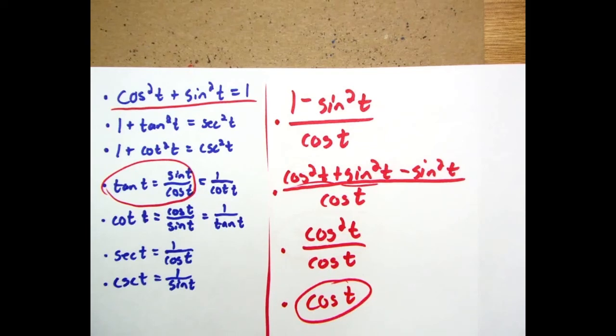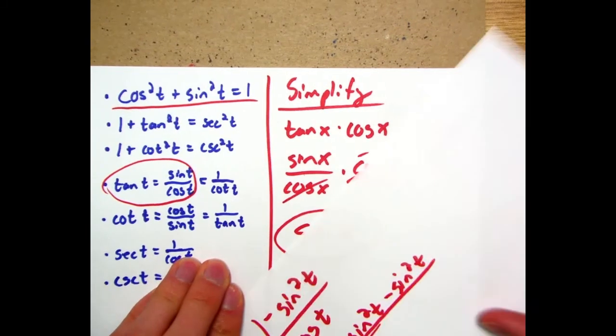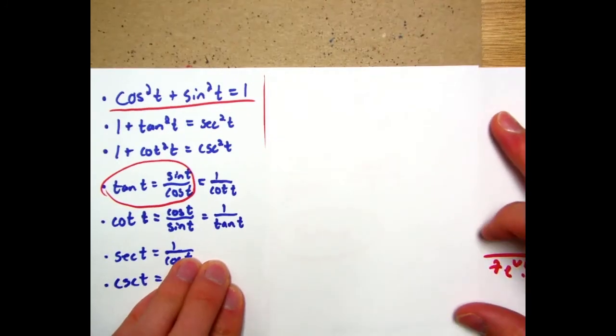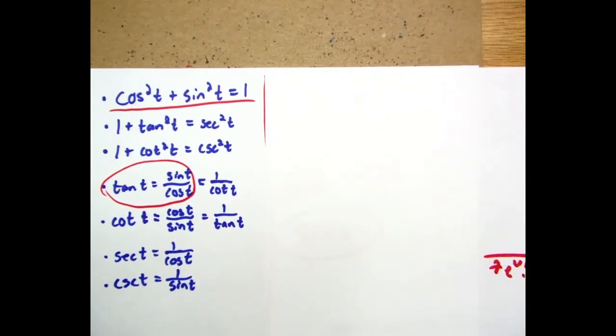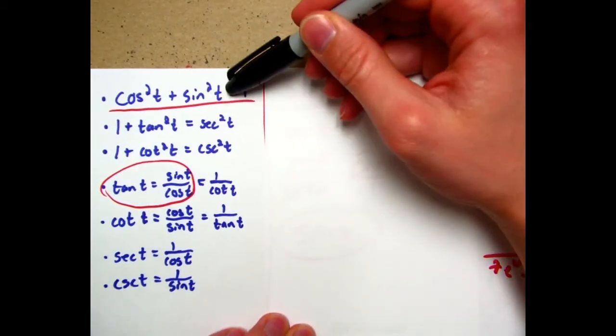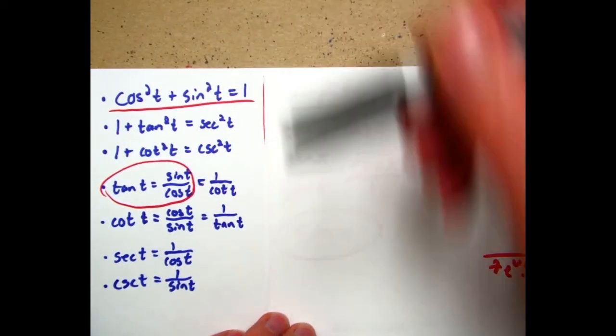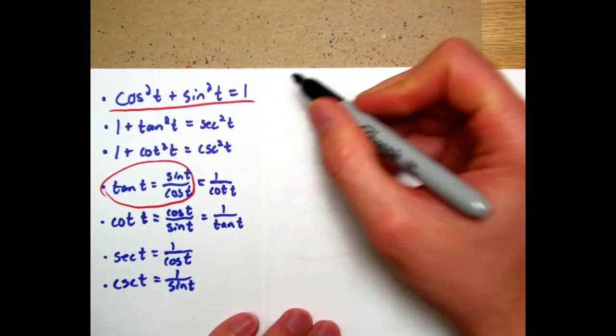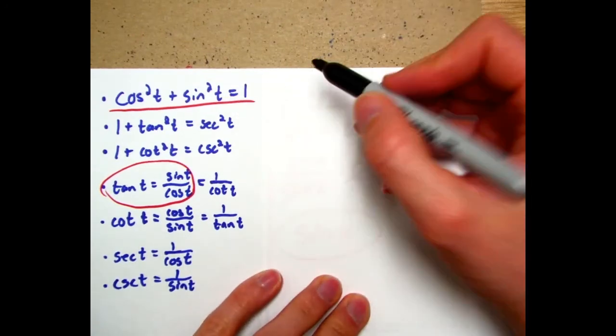Now I'm going to show you something that's really, really important here that you're going to use in the future, and that is that this property, we call it the Pythagorean identity, that one right there can actually be written 2 other ways. Just solve for either cosine squared or sine squared.